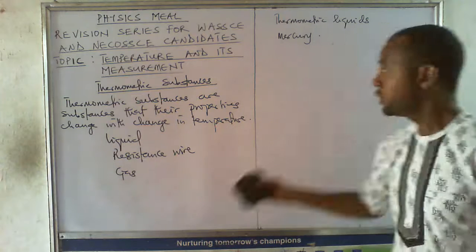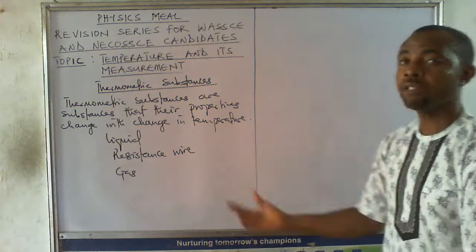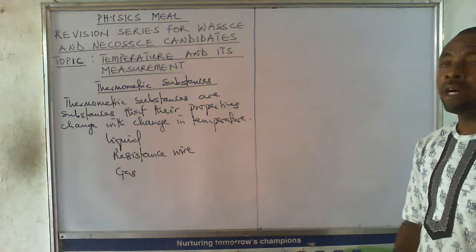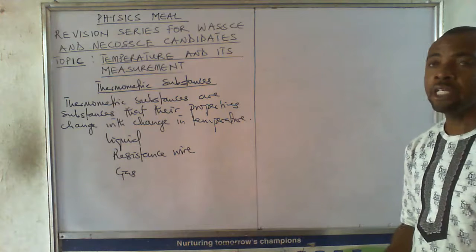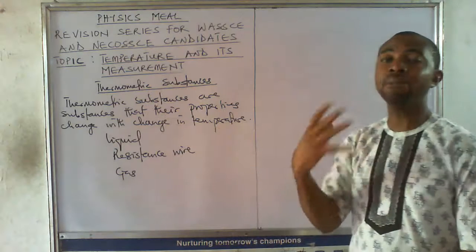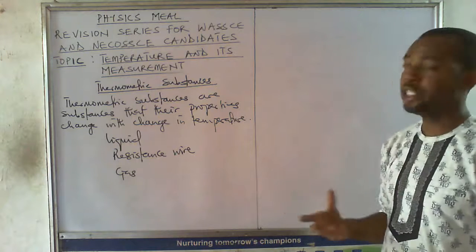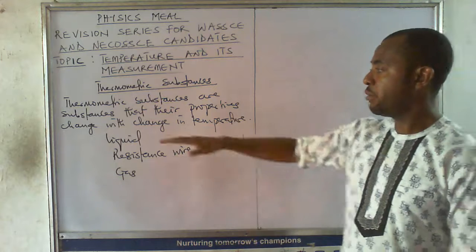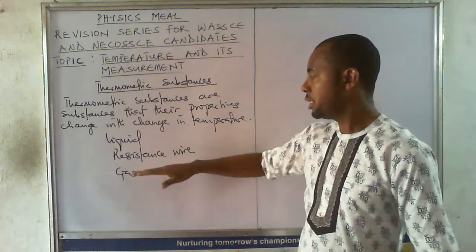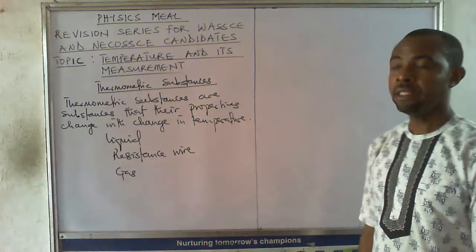Under each of them we'll develop some expressions that will help us in calculation. So remember, we said that thermometric substances have certain properties that change with temperature change, and we have liquid, resistance wire, and gas.